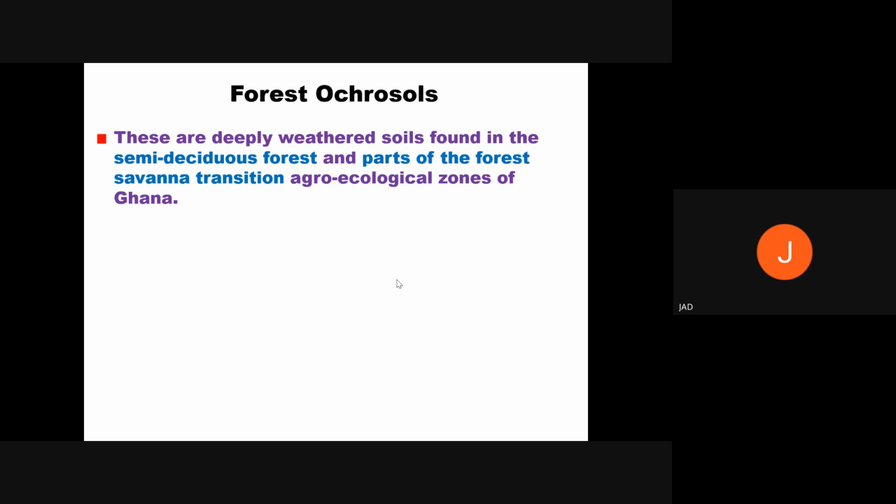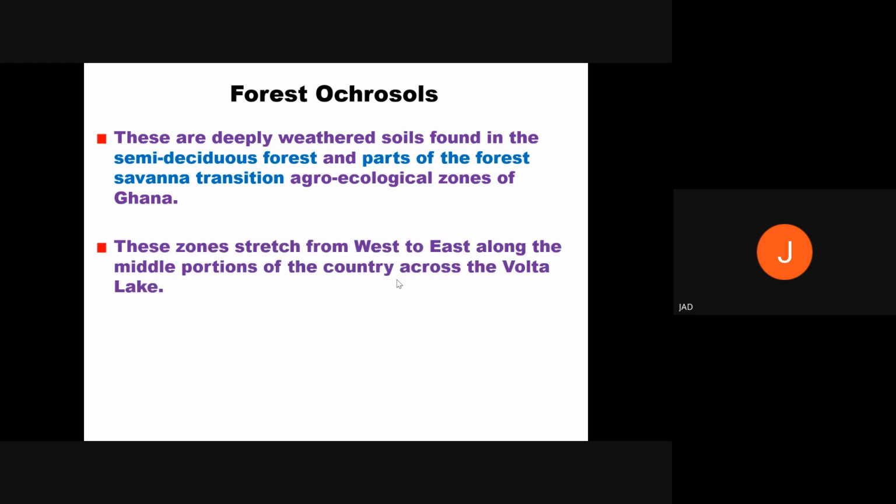So let's look at where in Ghana we can find this type of forest acrisols. These are deeply weathered soils found in the semi-deciduous forests and part of the forest-savanna transition agroecological zones of Ghana. These zones stretch from west to east along the middle portions of the country across the Volta Lake.